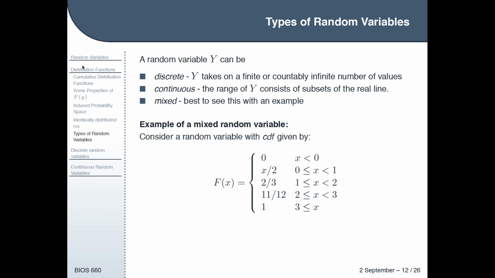Basically what this distribution function is saying is the probability that it's equal to 1 is equal to 2/3, or I take that back. It would actually be 11/12 minus 2/3.